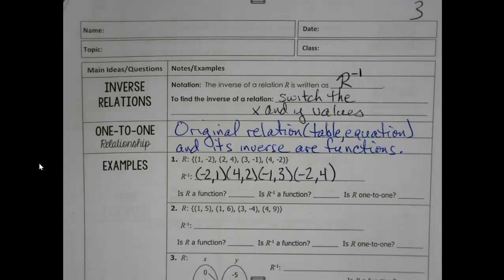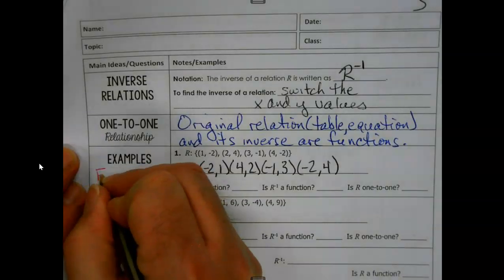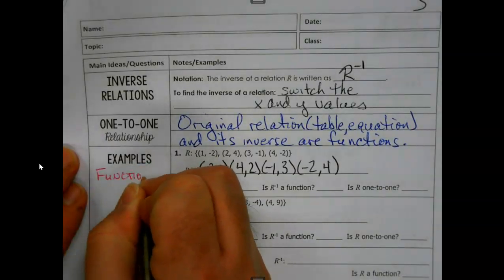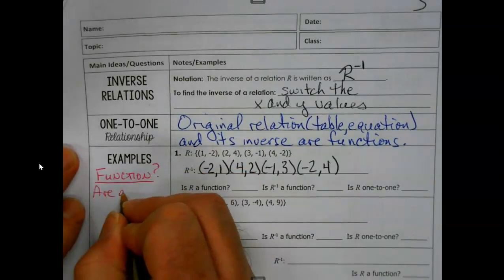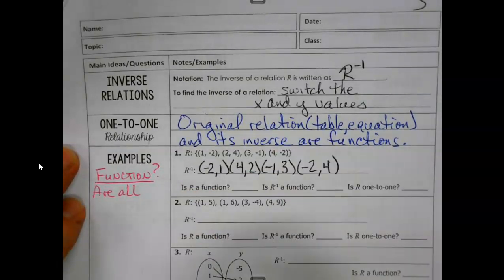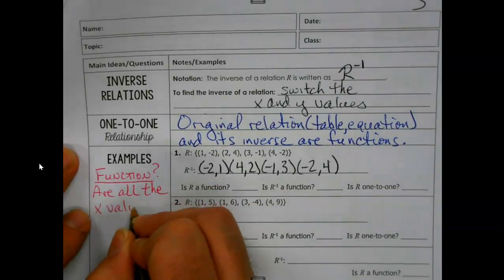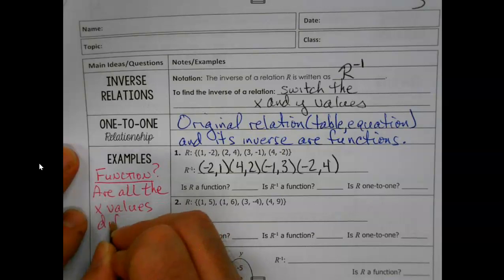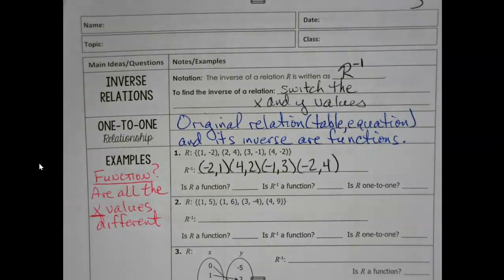Now, is it a function? Well, how do I know? Let me give a little hint here. If I'm checking to see if something is a function, and it's in a table or a chart or something like this, you're just checking to see if all the x values in the points are different.